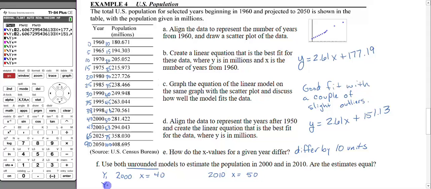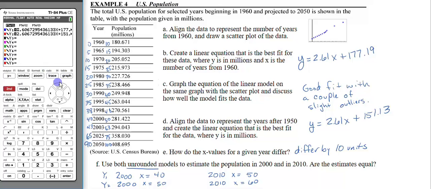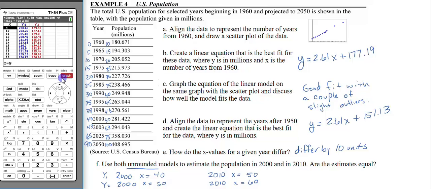In the Y2 model, if we had the year 2000, then the x would equal 50, and the year 2010, the x would equal 60. So what we can do is go to our table here, and it might not even be set up to where we want it.